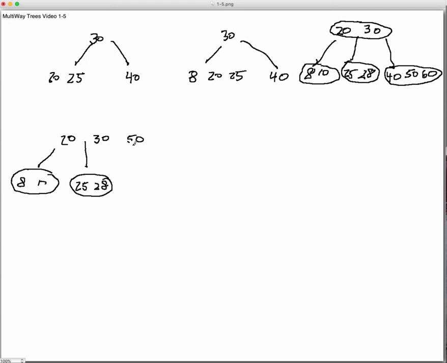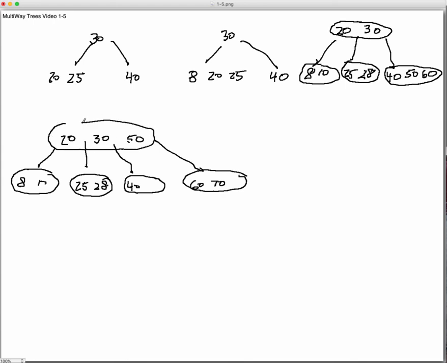Over here, okay, now because I kicked the 50 upstairs, over here is going to be a 40. And over here is going to be a 60. And remember, my goal here was to insert a 70. That would go in over here. So I want you to notice a couple of things. It's still balanced. How cool is that?